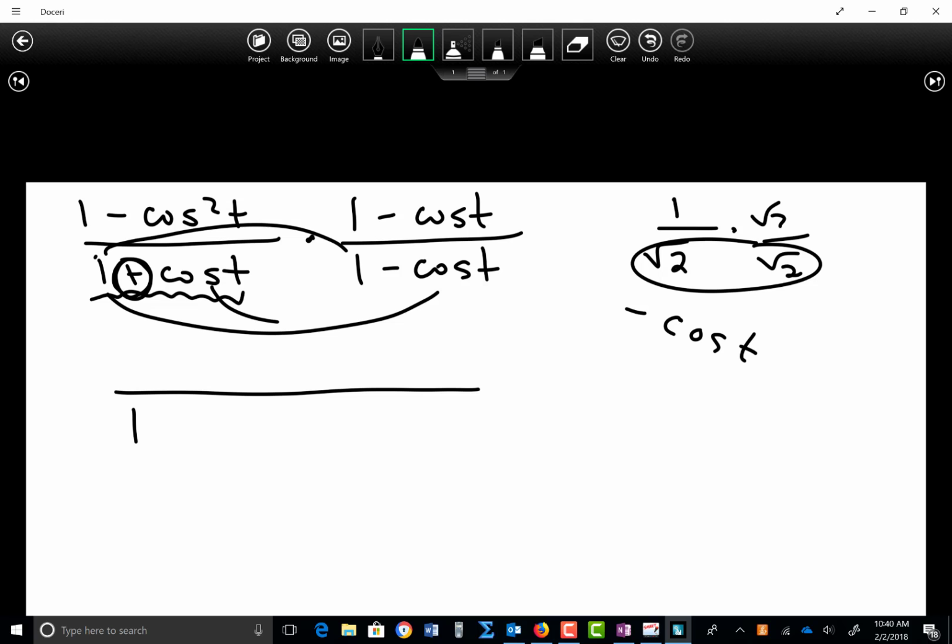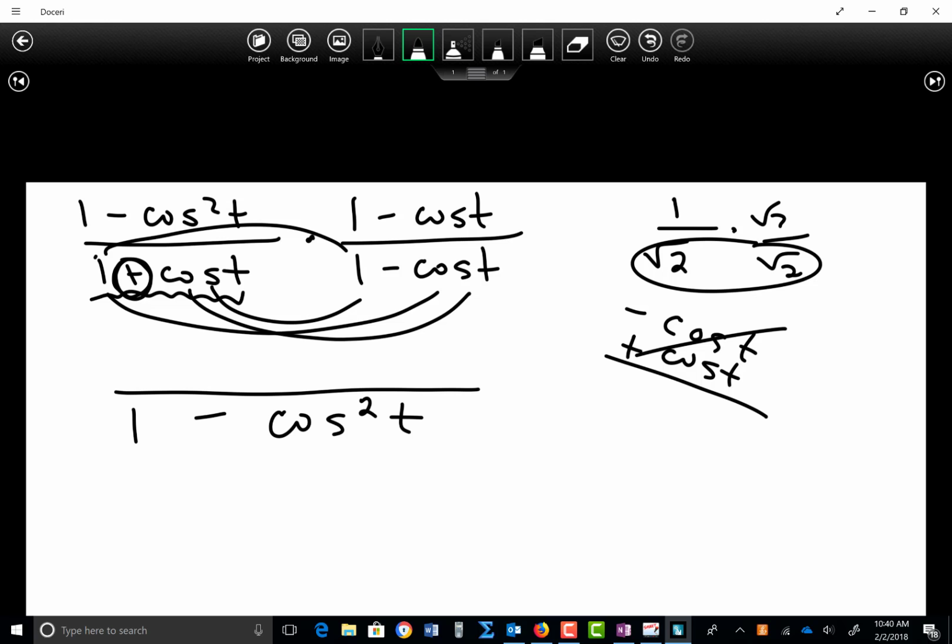And cosine times positive 1 is plus cosine. So what happens is the middle terms cancel out. You don't have a middle term. And then when you do plus cosine times minus cosine, you get minus cosine squared.